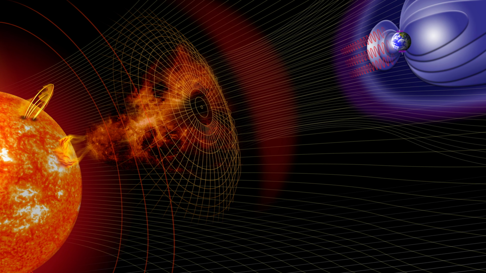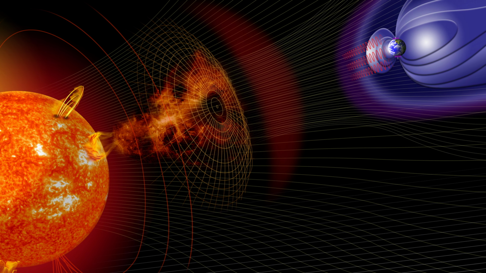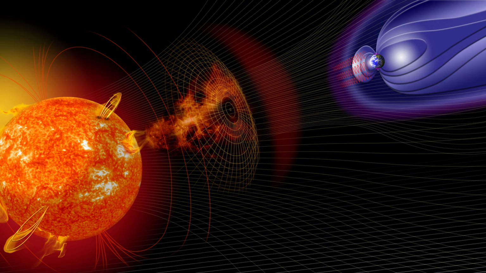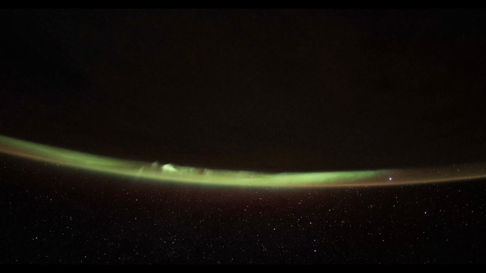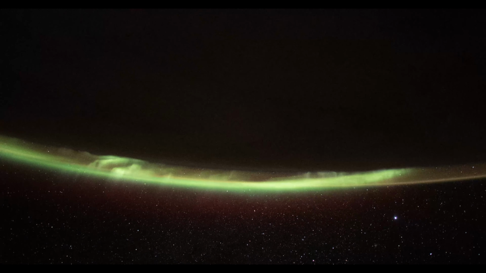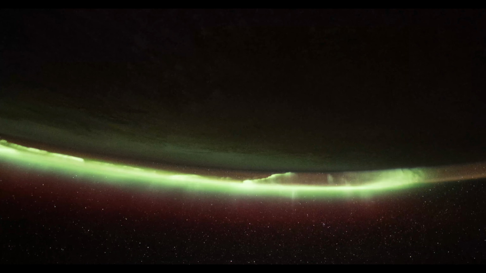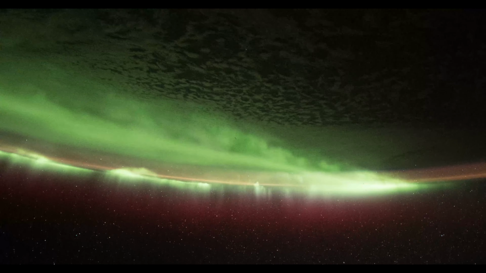Some of these particles then get caught by the magnetic field of the Earth. These particles will then rush down towards the magnetic north or south pole. When the aurora happens, what we see is these particles from the sun connecting with atoms and molecules from the magnetic field of the Earth.